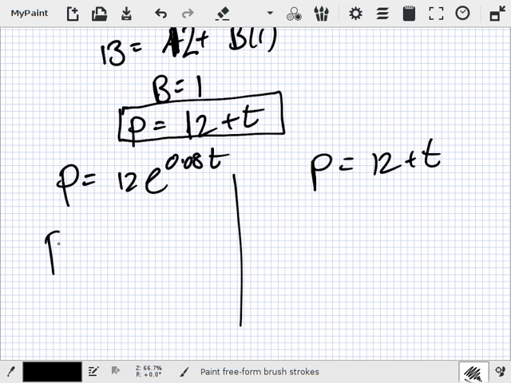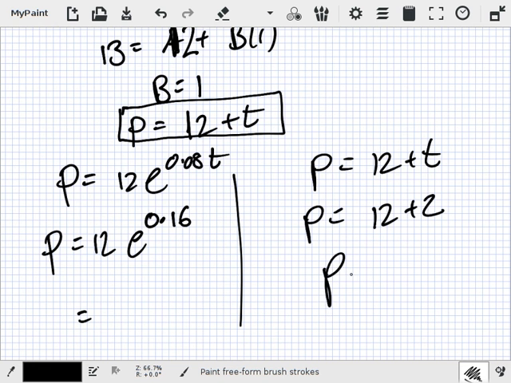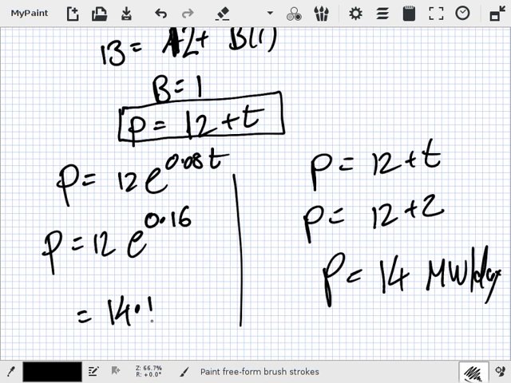This one says the power should be 12e^(0.16), since t is 2. And this one is p equals 12 plus 2, so this one says the power will be 14 megawatts a day. And the other one is 14.1 megawatts a day.